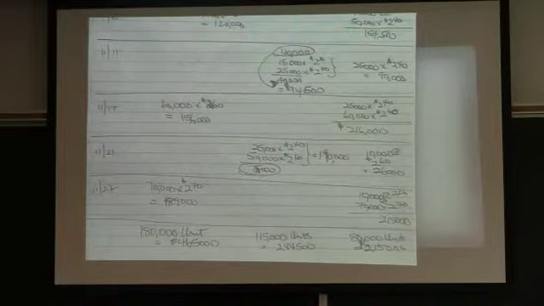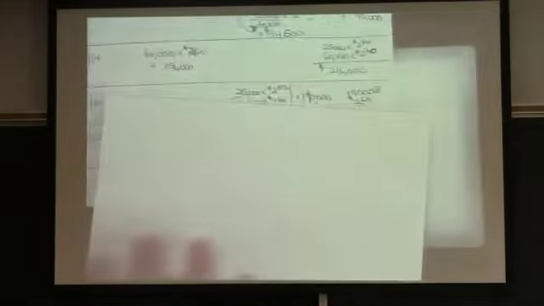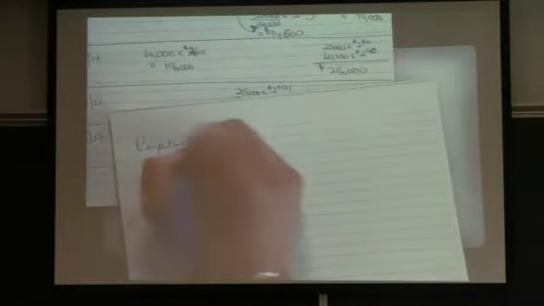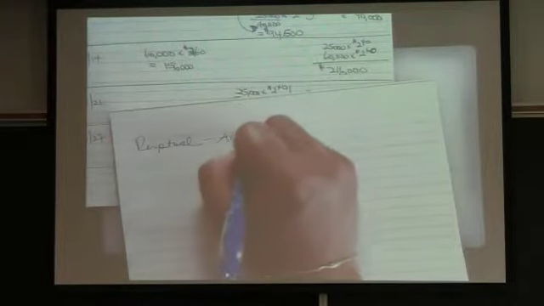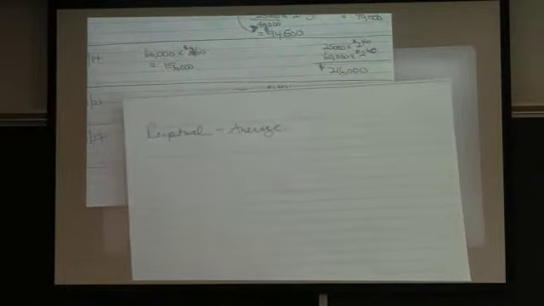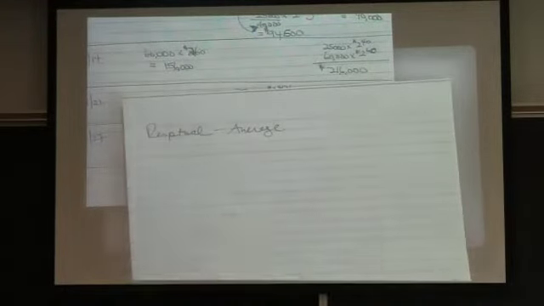Now, what about periodic? Let me do the average first. So now we're doing perpetual average. Okay? So the way we do this is, again, we're going to do the same chart.